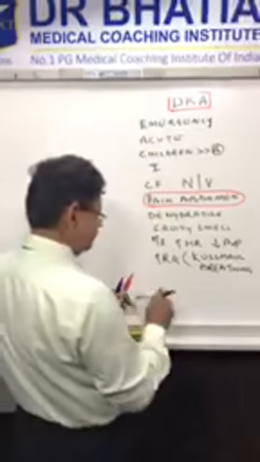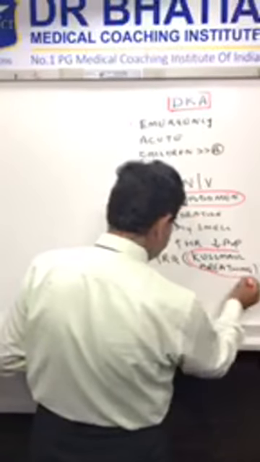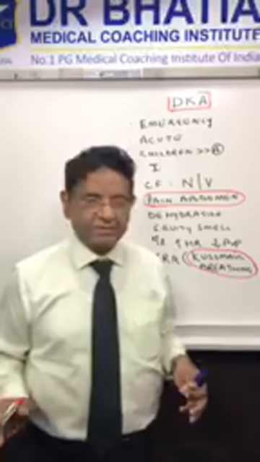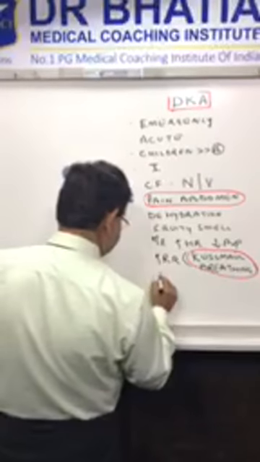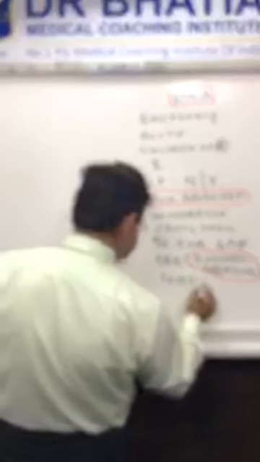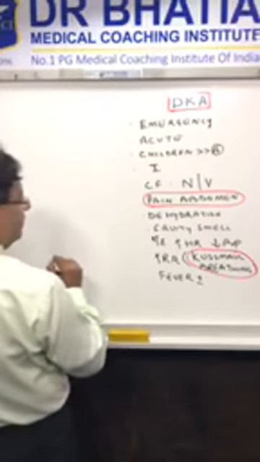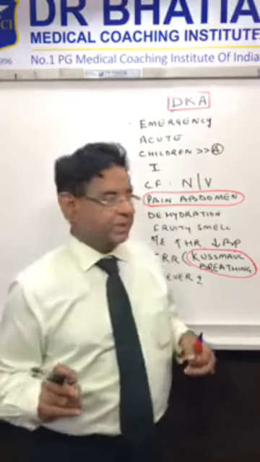This is due to acidosis. This is a key word. This is a very important point. Kussmaul breathing is due to acidosis. Fever may be there.